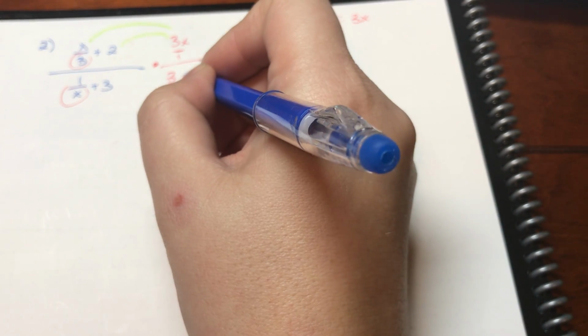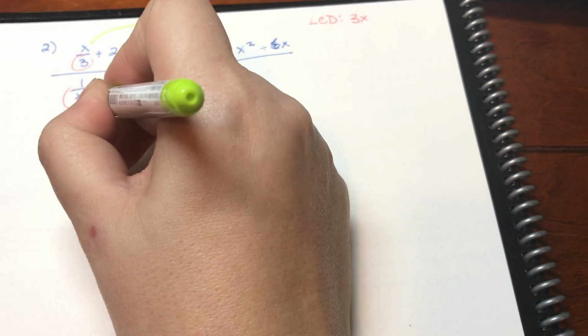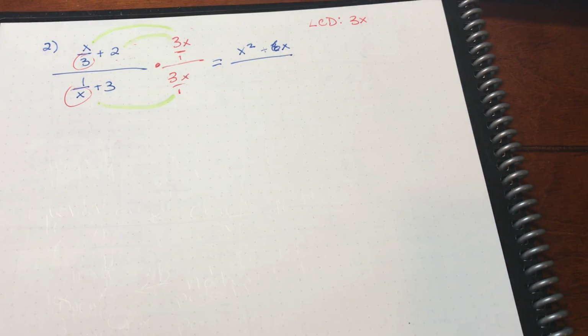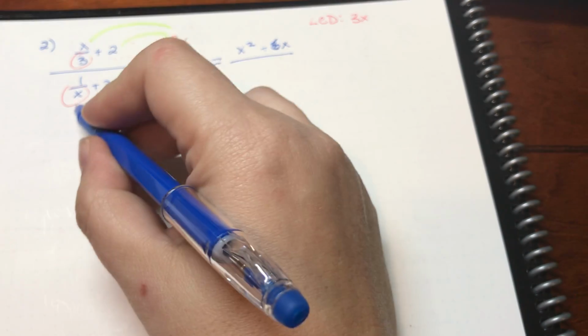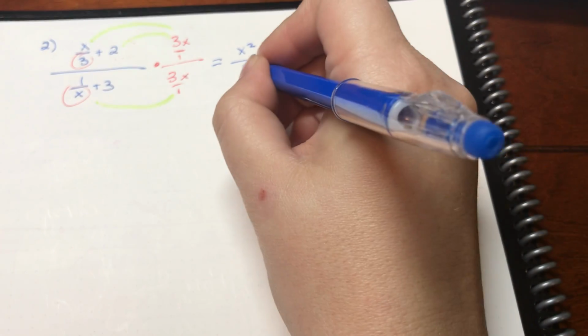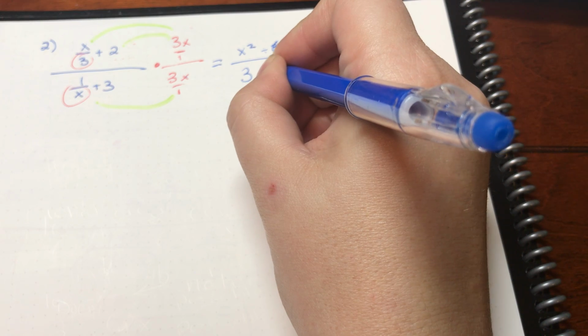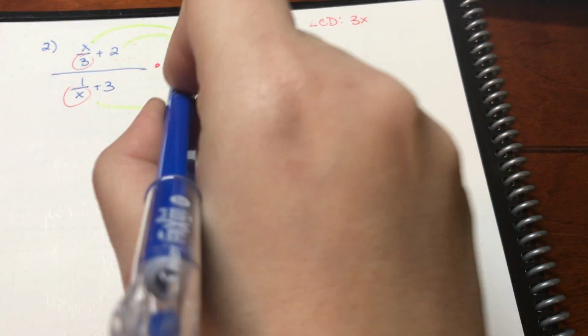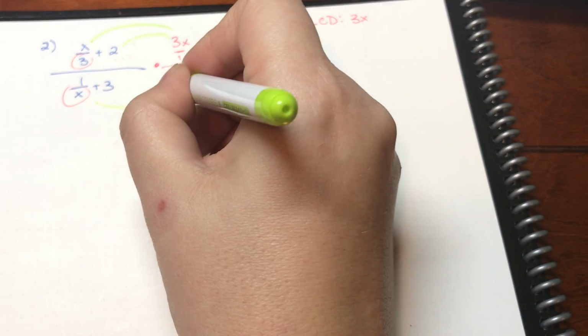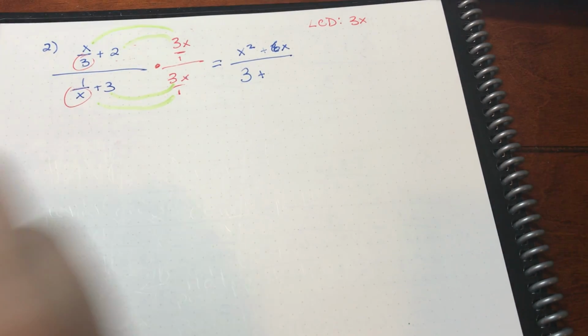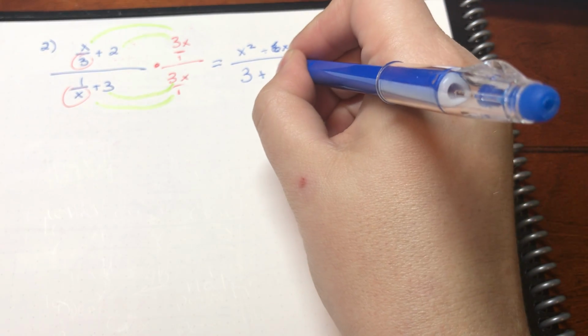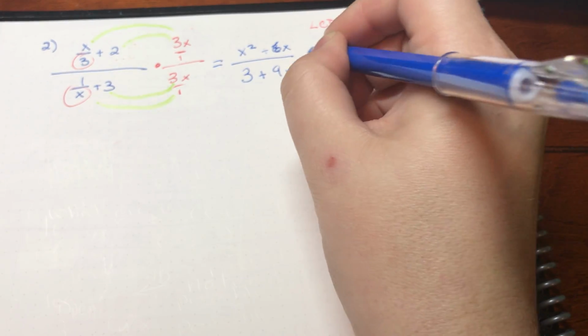Down here, I'm going to multiply 3x here. So x divided by x is 1, so I'm left with 3 times 1, or 3, plus here, 3x times 3 is 9x.